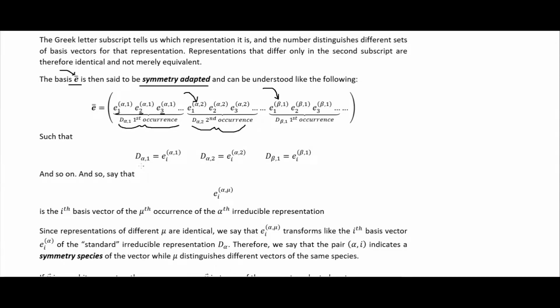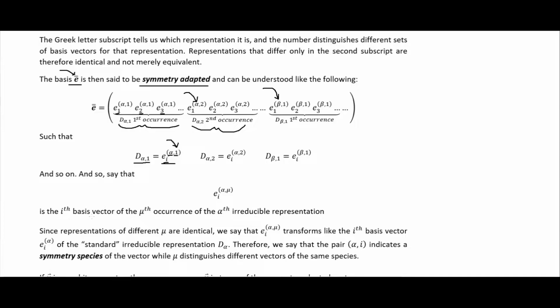We have that D alpha 1 is equal to this E sub I alpha 1, where this 1 is where the Greek letter mu would be. The alpha is the representation that it is, this is the occurrence, and the I is the basis vector.